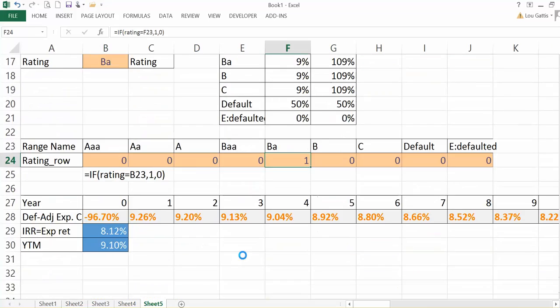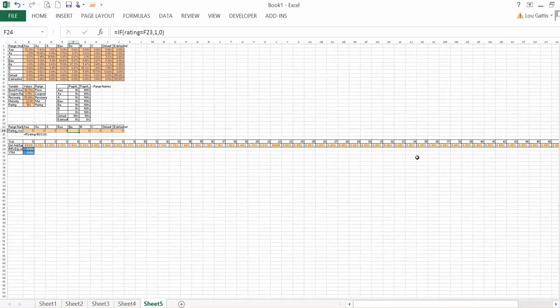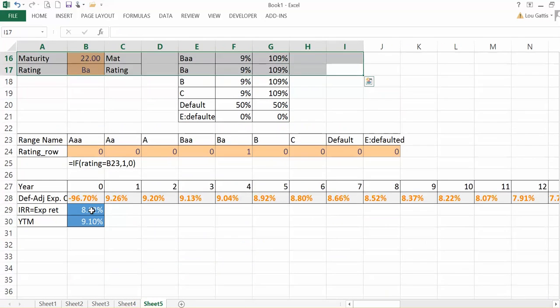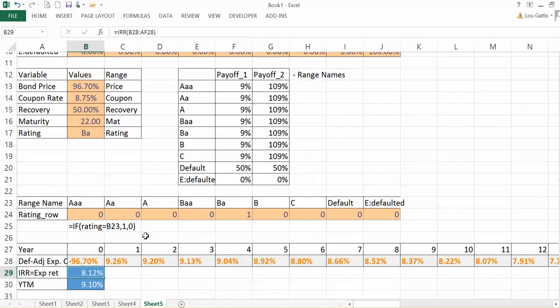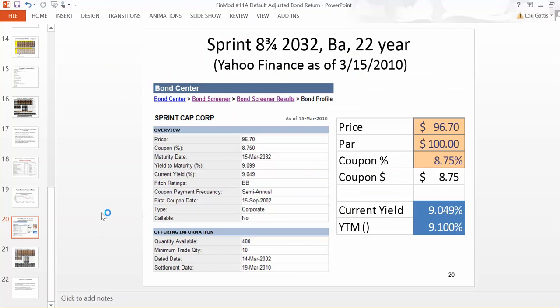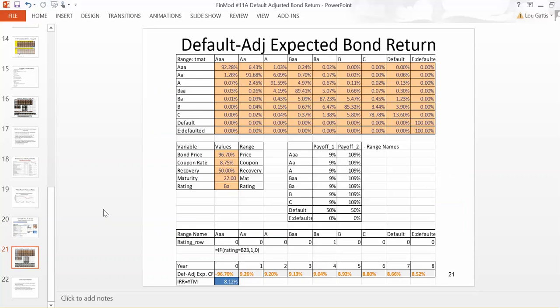If I look out here, I'll see the cash flows are out through 22 years, and it calculates an IRR of 8.12, expected return, and a YTM of 9.10. Again, this is the number that's most important, the 8.12. That's the expected return. So that's the model. It's default adjusted bond returns for calculating annual payment bonds of any maturity of any rating.